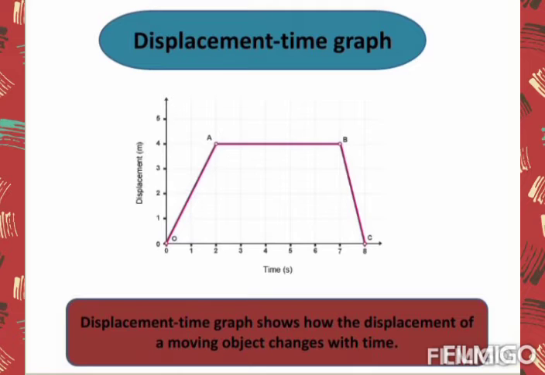Time is always an independent quantity because time does not depend upon any other quantity. So we draw the values of time on the x-axis and the values of displacement on the y-axis. So the displacement-time graph shows how the displacement of a moving object changes with respect to time.